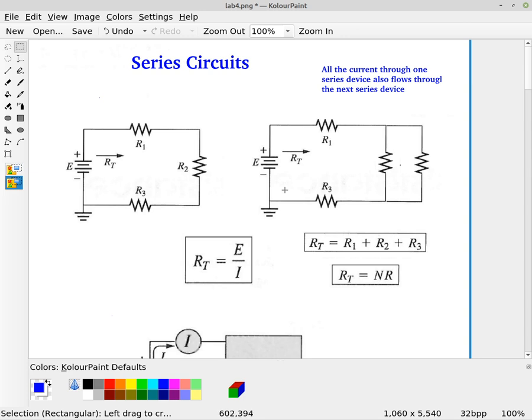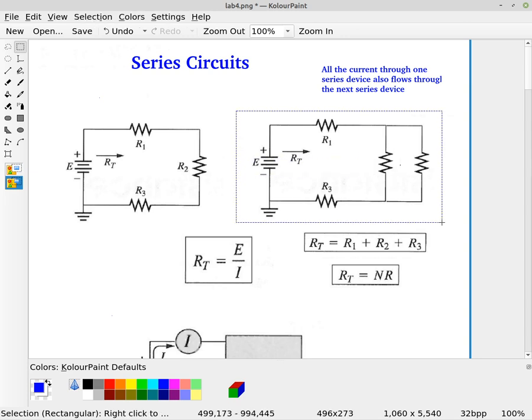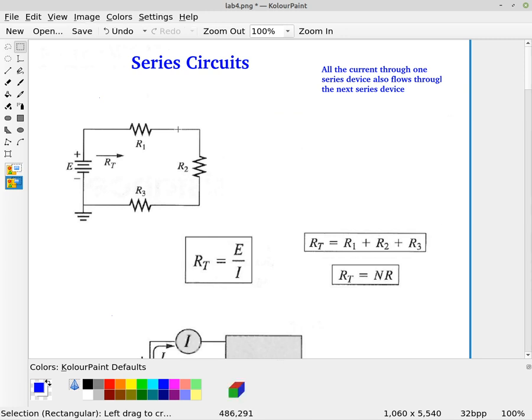If we have a series circuit, this one is not series, so I'm going to remove that one. But this is a series circuit, and whatever current flows through R1 is also going to flow through R2, back through R3, and then into our power supply.